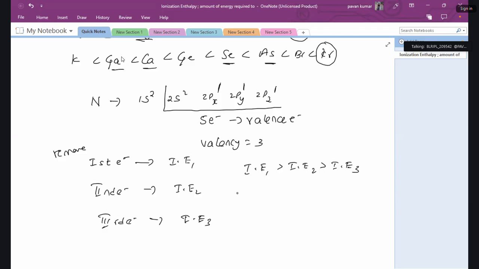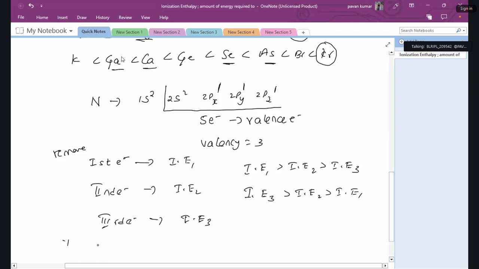But I am telling you, when you are finding out IE1, IE2, IE3 of the same element, always IE3 is greater than IE2 is greater than IE1, irrespective of the stable configuration or helium configuration or any other configuration.